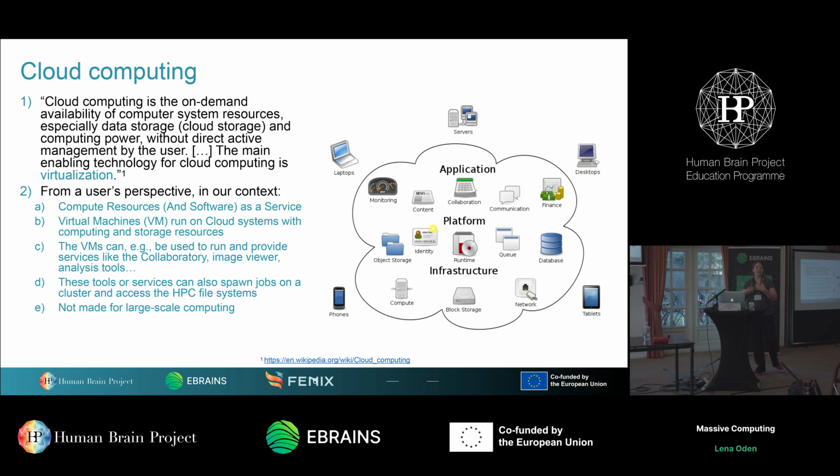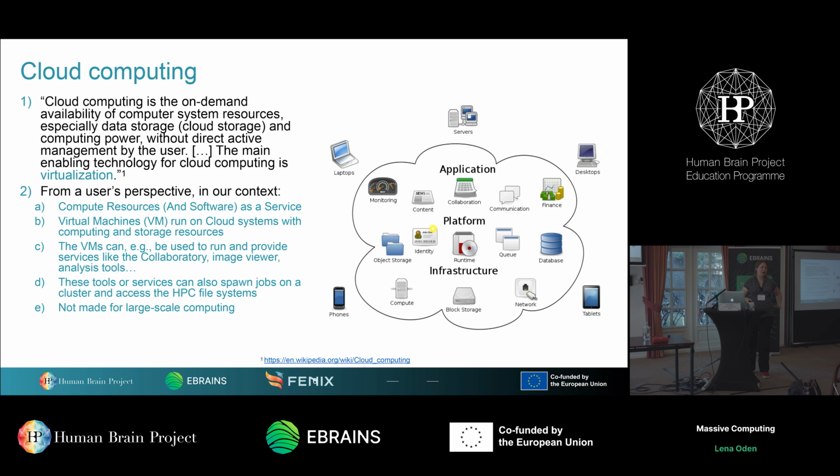And a lot of things in cloud computing are based on virtualization. So usually you have a virtual machine where your application is running. These days, you also very often have containers where your application is running, something which is not really used in HPC. And so you get compute resources and also very often software as a service.